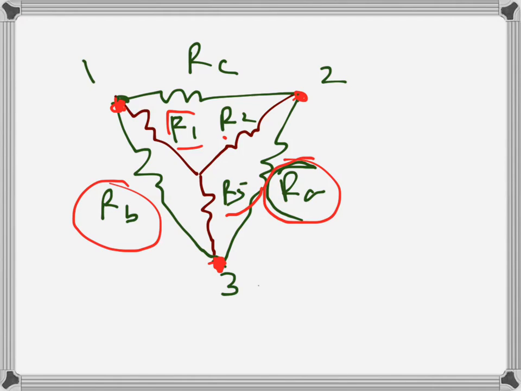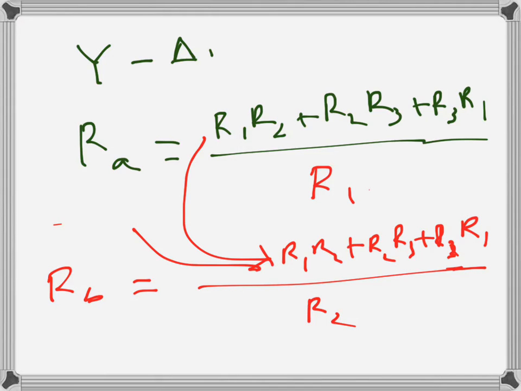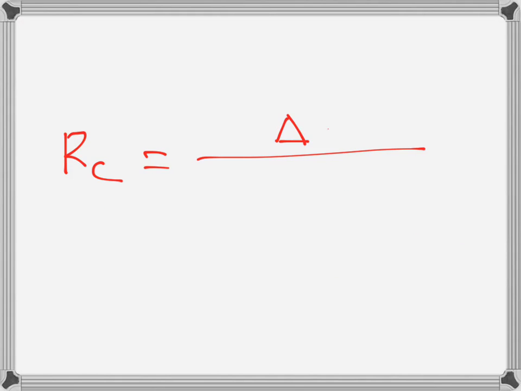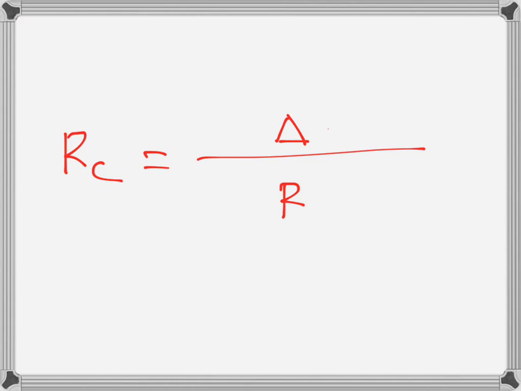So R2, which is not connected, is connected to the other node, so R2. And finally RC will be, the top is the same, let's call it delta if we label it. And in the denominator we will have, since RC is this one, definitely it has to be R3, which is not connected to either node 1 or node 2, so that's R3.